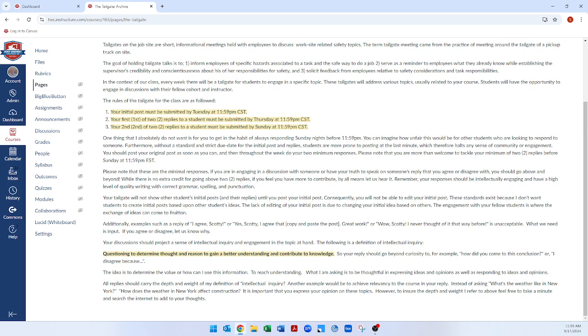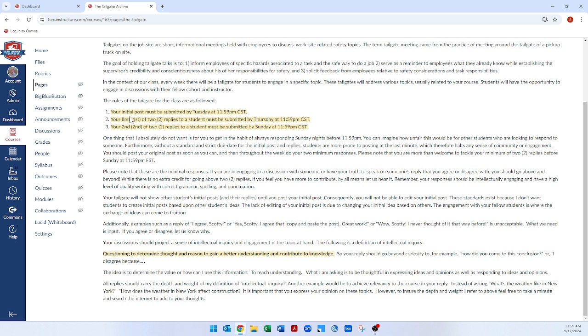These are the minimal responses. If there's something you and another student have going on, you can continue that. That's okay. Once you get your 3 posts in, that meets the requirements of the tailgate, and they must be at the due dates.